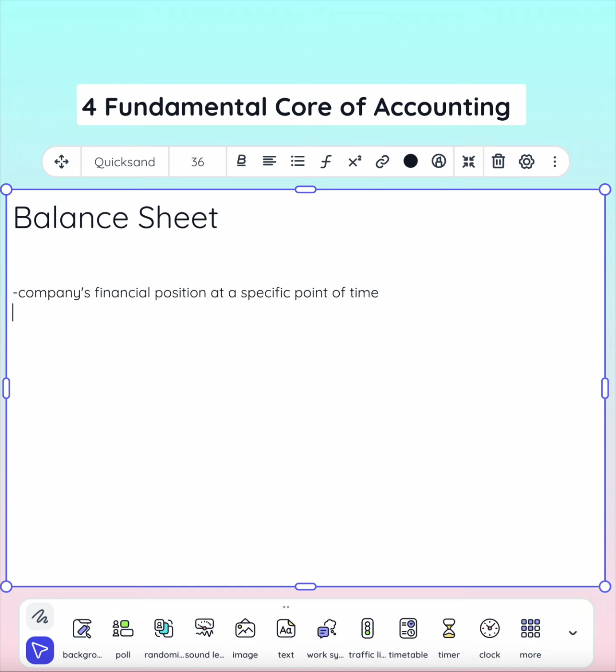By analyzing the balance sheet, investors, creditors, and management can assess a company's financial health, liquidity, solvency, and overall financial position. It's a vital financial statement that provides a clear picture of a company.